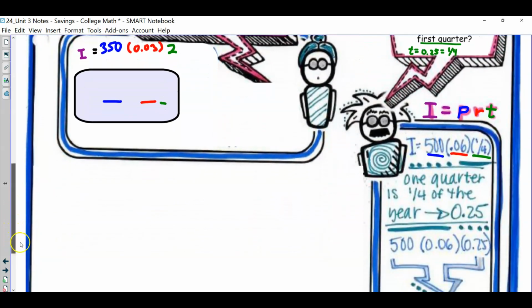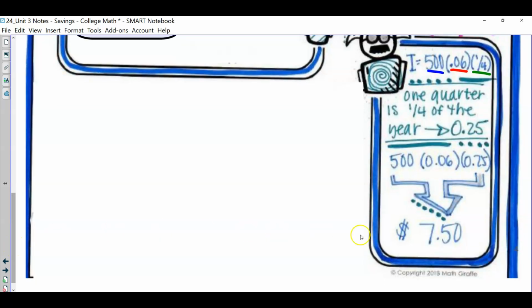So 500 times 0.06 times 1/4. If you did that, then this gives you your $7.50. And notice they use the 0.25 here, or they use the 1/4. Doesn't really matter. Okay. So if you got this as your answer, remember this was just interest. This was not anything but interest only.